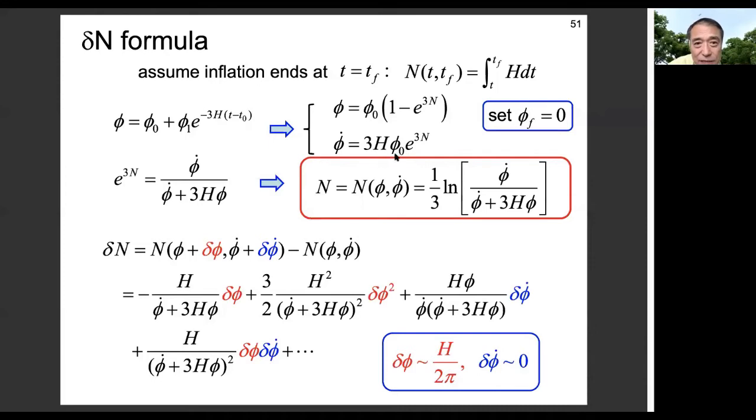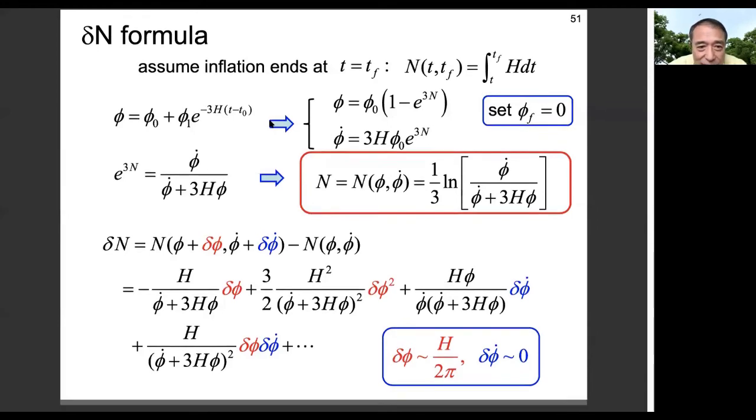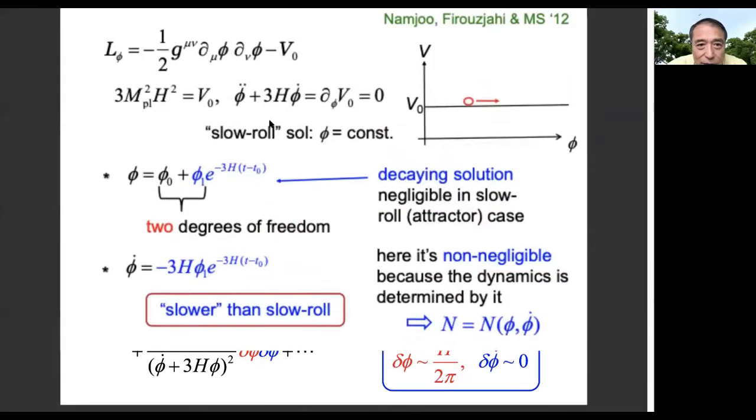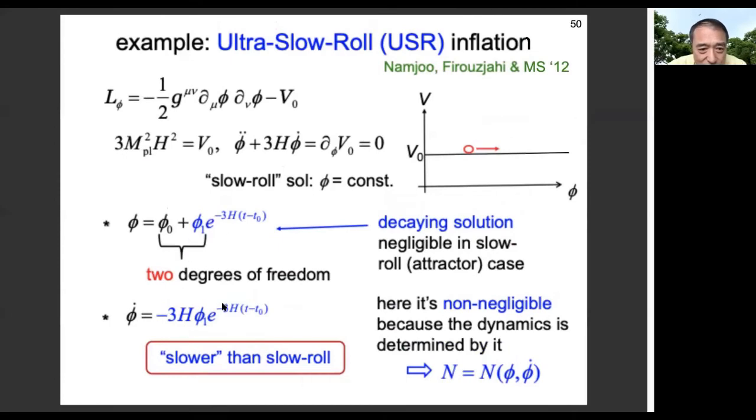You can choose whatever value you want, apart from maybe phi not equals 0. The only condition is that phi dot decays. And this phi 1 is arbitrary, right? Yes.